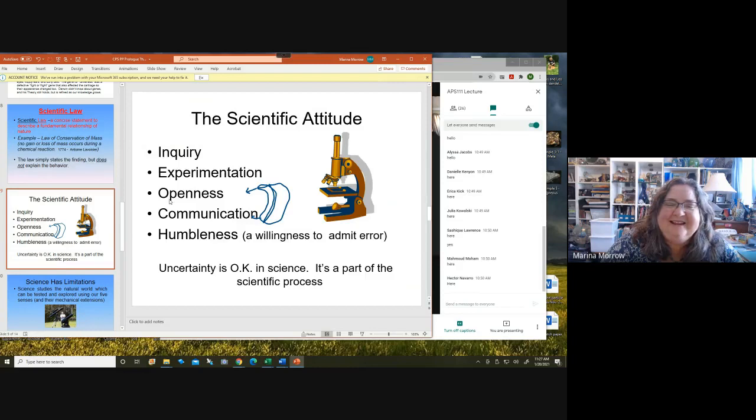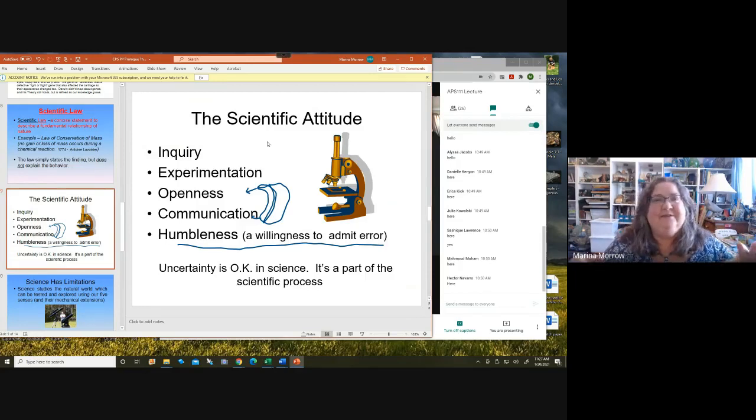And then there's humbleness, which is a willingness to admit error, because sometimes people are wrong. They have a hypothesis, they test it, it's wrong. And sometimes it's very hard for people to give up that idea. So you really have to work on that humbleness to say, yeah, maybe my hypothesis isn't a good answer.